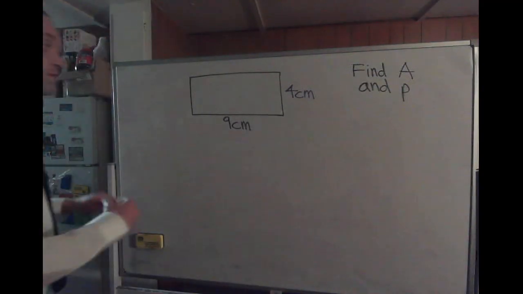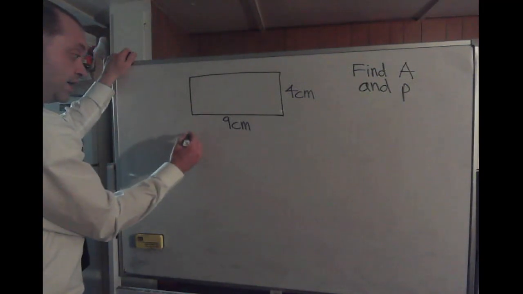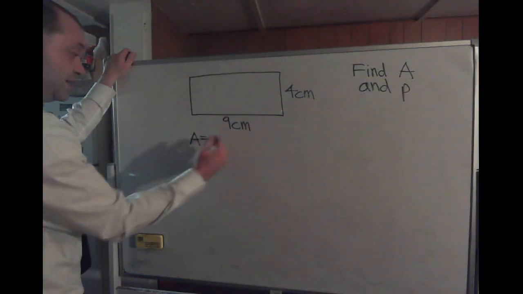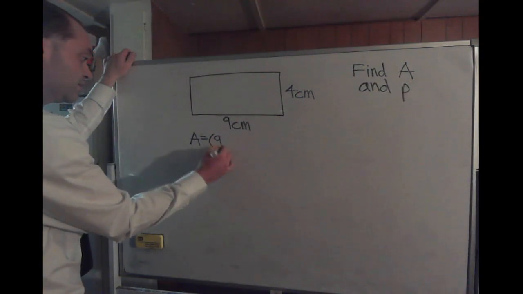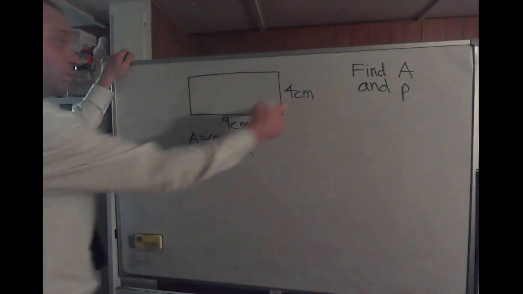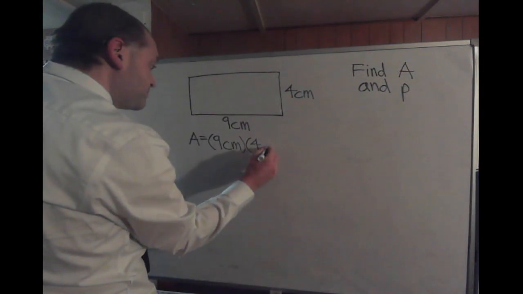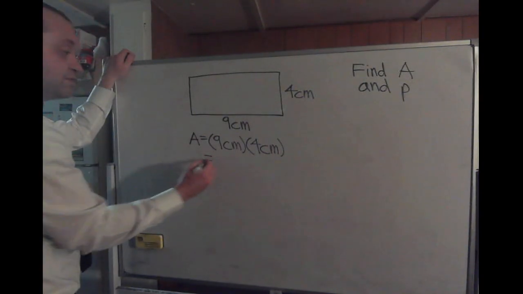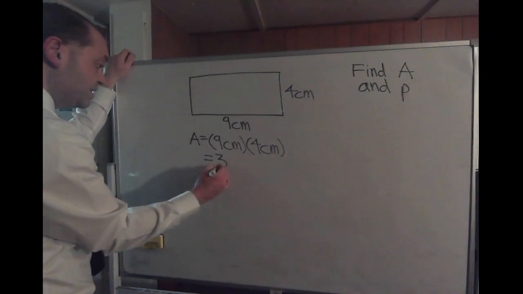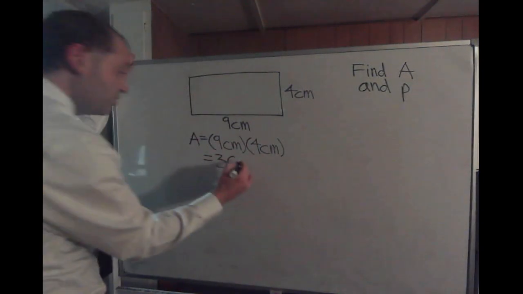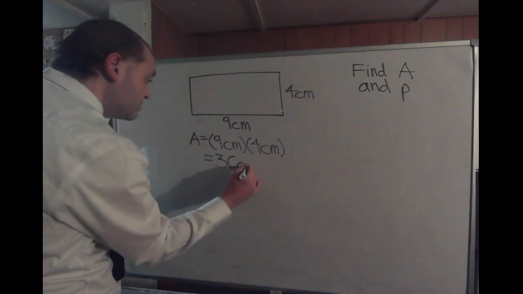Let's go ahead and solve for the area. The area just equals what? The base times the height, right? So the base has a length of 9 centimeters, the height has a length of 4 centimeters, which 9 times 4 is what? That's 36. Now centimeters times centimeters gives you square centimeters.